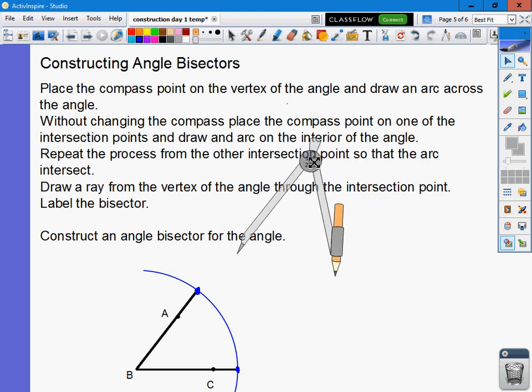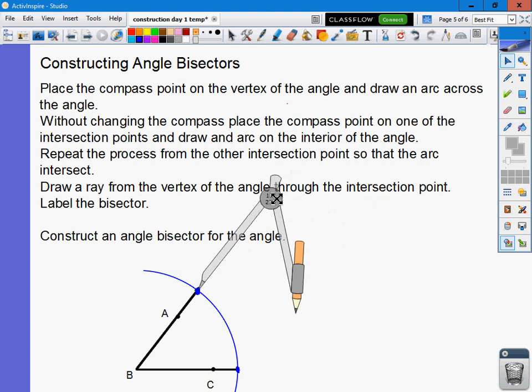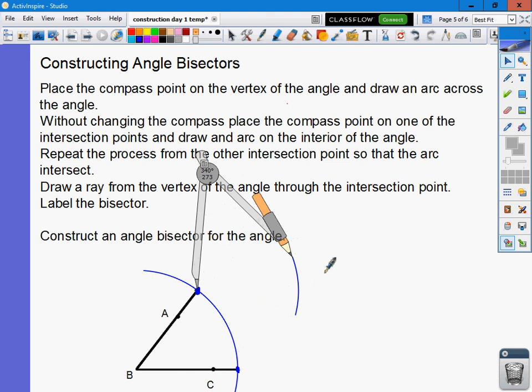I'm going to take my compass and slide it over and place it on that point of intersection on ray BA without changing that compass. And I'm going to make an arc out here on the interior of this angle. Remember, an angle continues on and on forever. I'm going to make an arc out here in the interior.